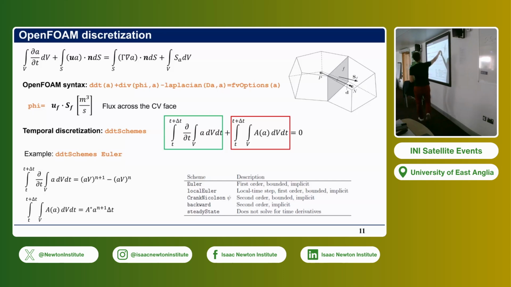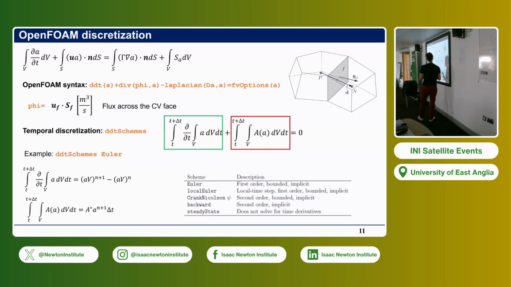So it's very simple to solve new equations in OpenFOAM, provided that you don't need some complicated divergence schemes, provided that you can use the divergence schemes that are already there. For temporal discretization, when you set up your simulation, you have to tell OpenFOAM which discretization scheme to use for ddt.